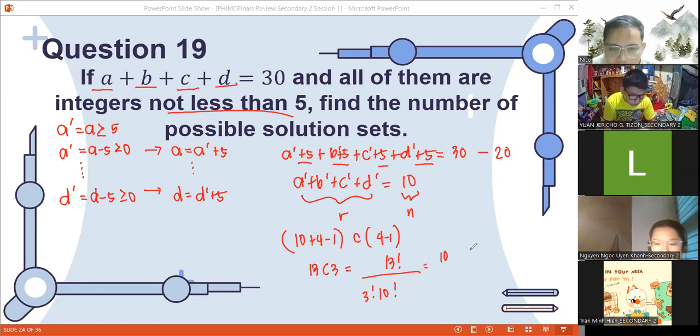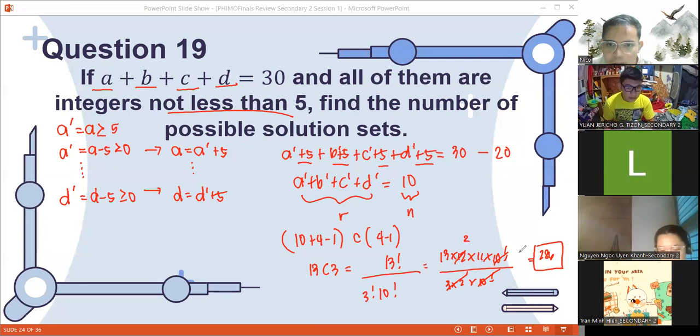That's 13 times 12 times 11 times 10 factorial over 10 factorial times 3 times 2. So 3 times 2 is 6, that's 2. So that is 22 times 13, that's 286. That is our answer. Okay?